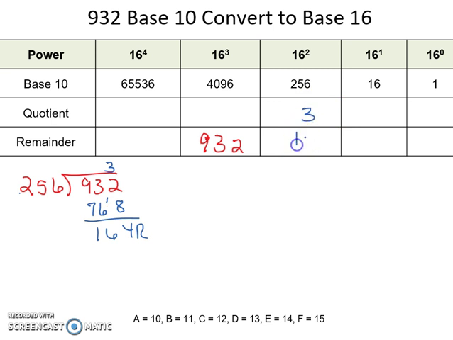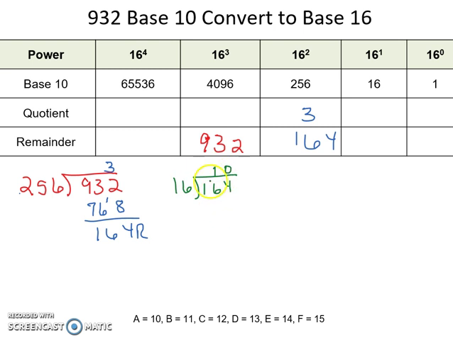So 3, 164. 16 will go into 164. Again, that's getting a little big for me to do in my head, but I should have been able to, because 16 goes into 160 10 times.